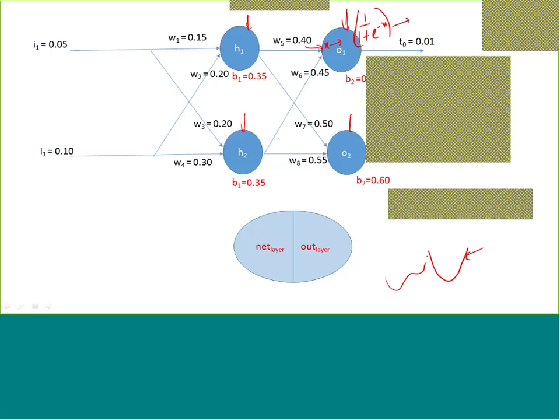If it is not continuous, then you cannot find its differentiation, right? To make the function continuous, we are using a sigmoid function. In a perceptron, for example, when we use a step function, it is not a continuous function. We cannot find the differentiation. So to make the function continuous, we are using the sigmoid activation function.